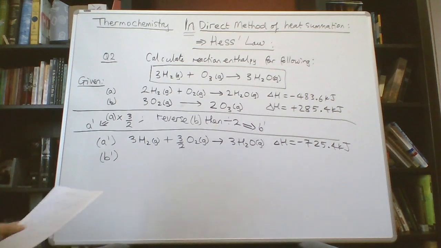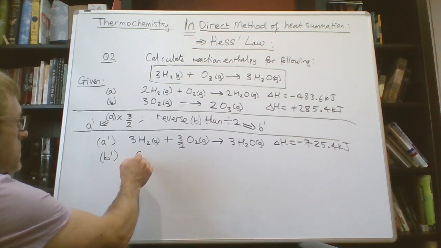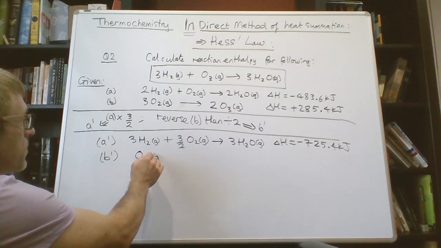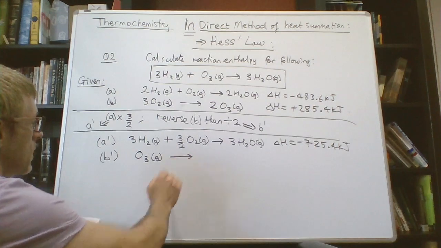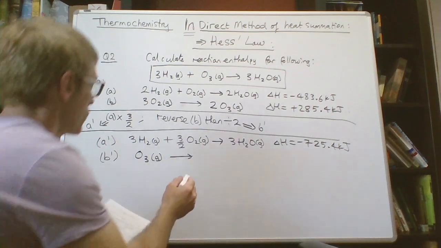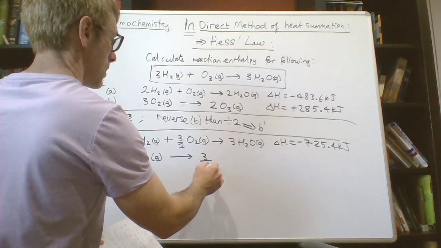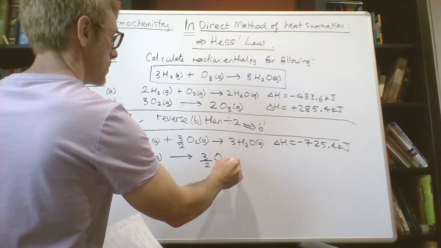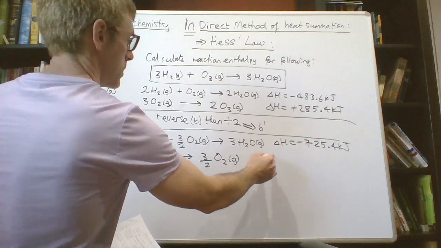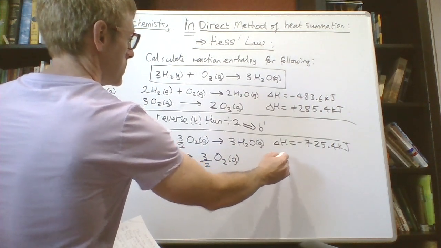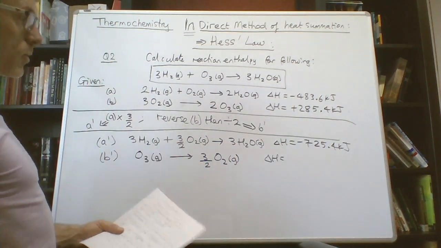Then you take equation B, you've reversed it, you've divided it by 2, so you just get 1 lot of ozone gives 3/2 lots of oxygen. You scale delta H by 3/2 in reverse.